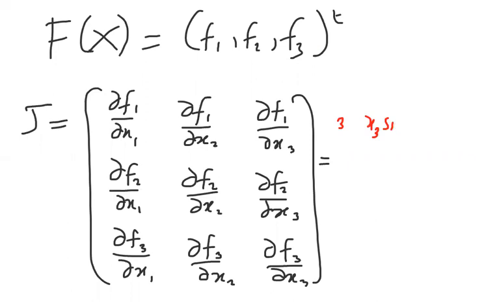I hope these values will be able to fit here. Let me wrap this, and I'll write my 3 here, and then I'll have x3 sine x2 x3. Then the last value will be, I think the space won't be enough. Let me write on the next board, but I'll just be following those partial derivatives in J.